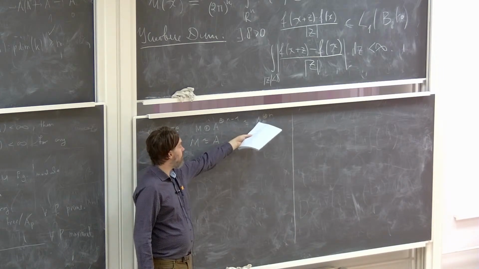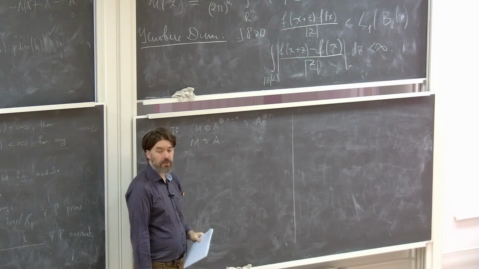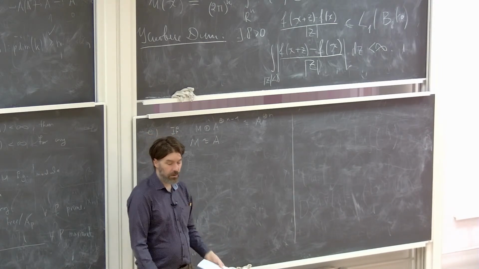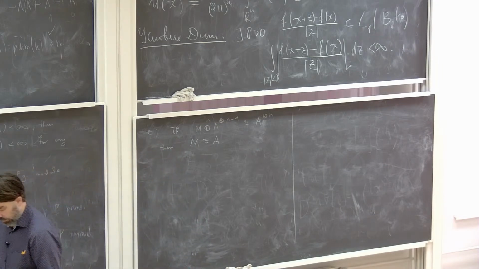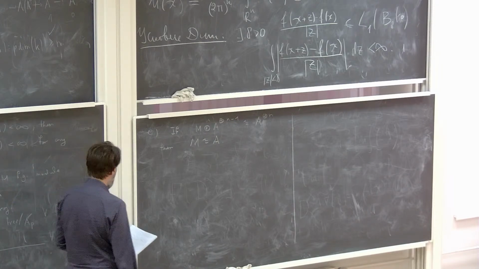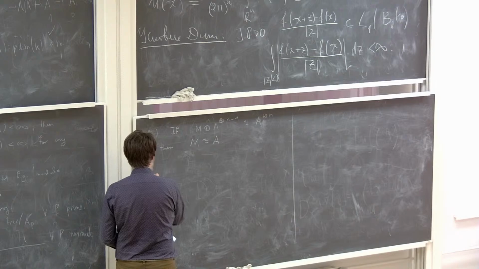So there's a surjection from here to here. And suppose it splits off in such a way that the complement is also free, of rank n minus 1. Then I get that the module was actually trivial. D, E, F.